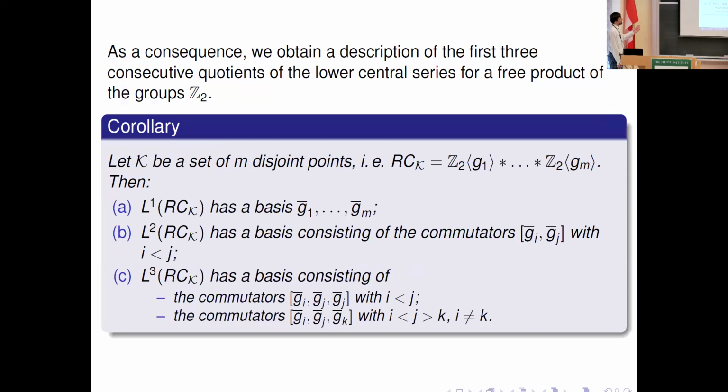We have a corollary. Let K be a set of m disjoint points. Then we have that RCK is the m-fold free product of Z2. Then L1 has a basis like this. L2 has a basis consisting of these commutators, and L3 has a basis consisting of these commutators with this condition.